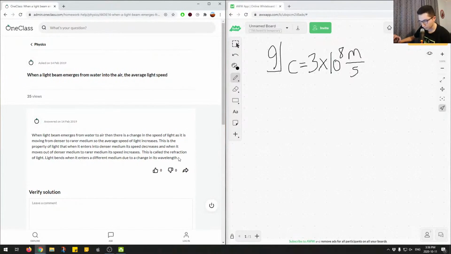So let's go through and think about what this means. You can think about the following equation: the speed of light in any medium should equal the speed of light in a vacuum divided by some index of refraction represented by the variable n.